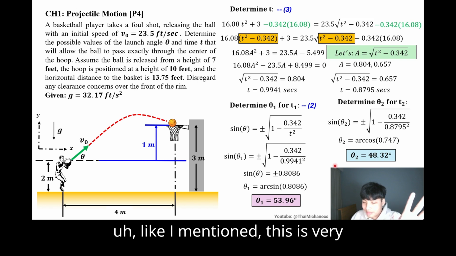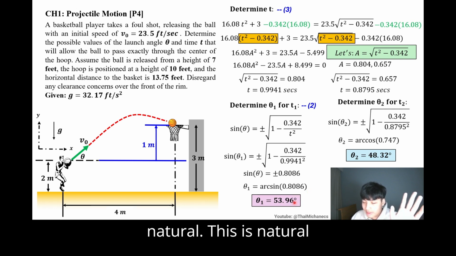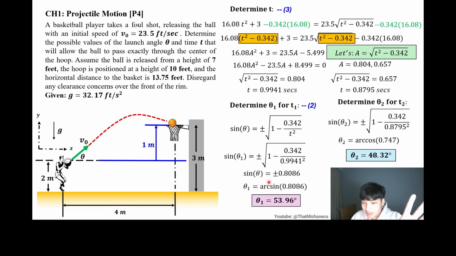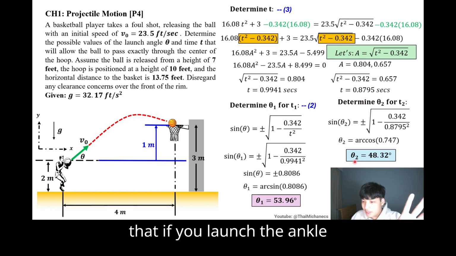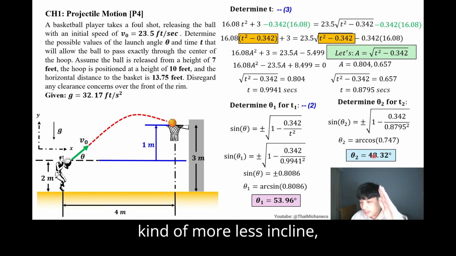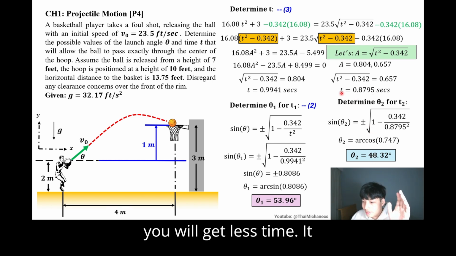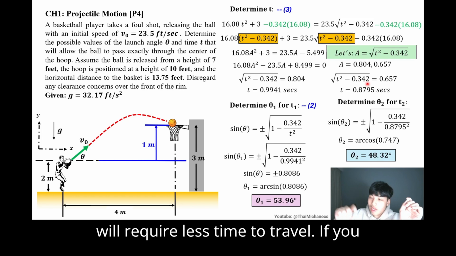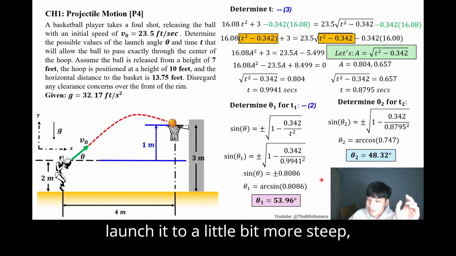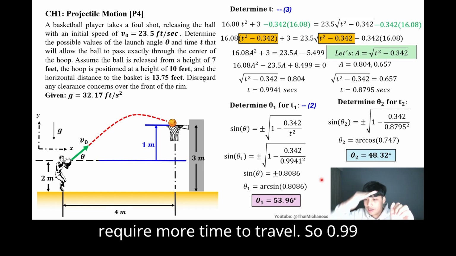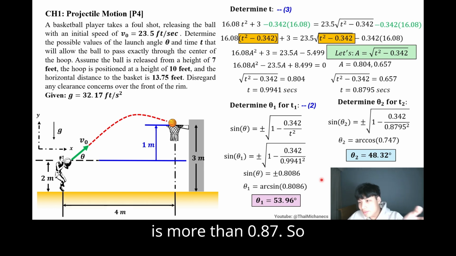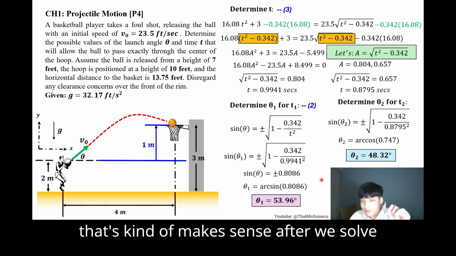Like I mentioned, it is very natural that if you launch at a less inclined angle, you get less time. It requires less time to travel. If you launch a little bit steeper, it requires more time to travel. So 0.99 is more than 0.87. That makes sense after we solve this one.